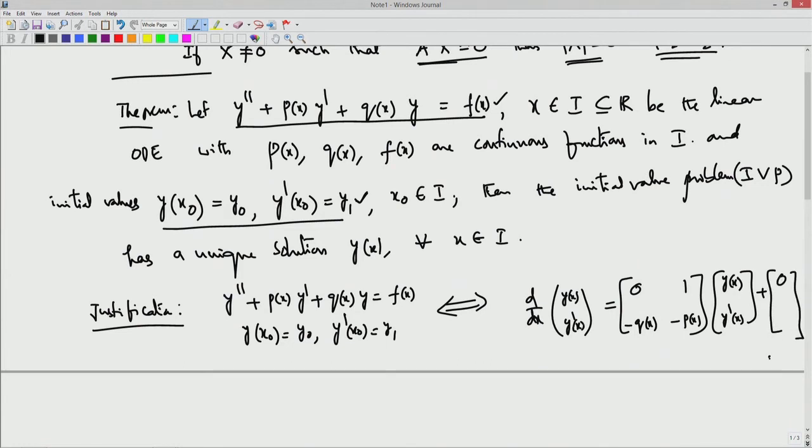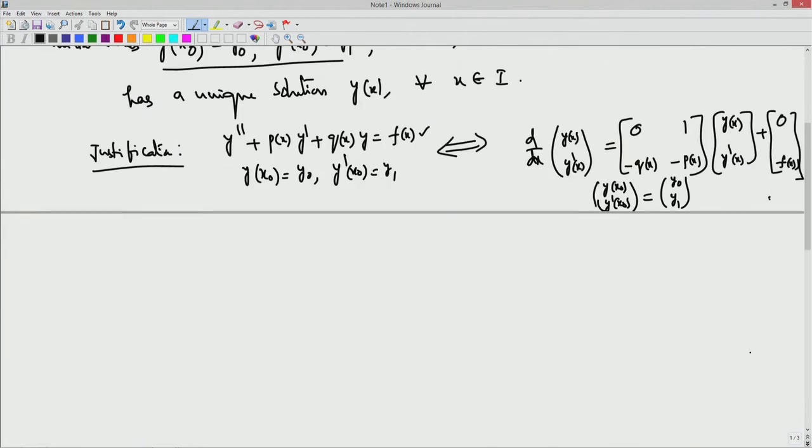The second element, y double dash, comes from this equation, so I should have f(x) there, and then minus p(x) y dash and minus q(x) y. That is how you get this system. And the initial values: the vector at x naught is already known, given as y naught, y1, where y naught and y1 are real numbers.